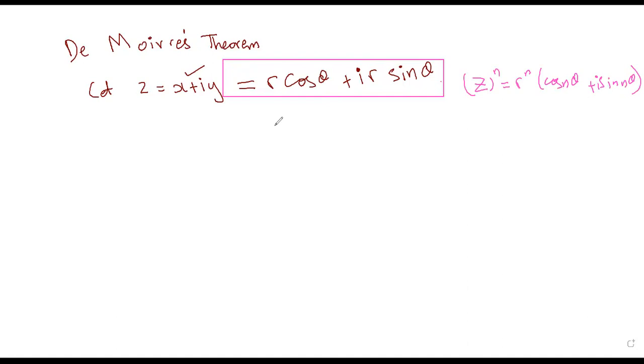You can write this as well, cos theta plus iota sine theta, right?